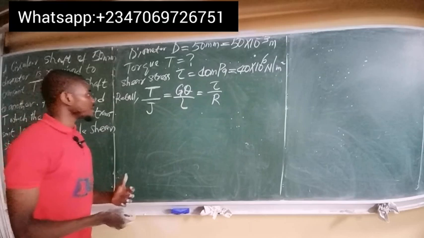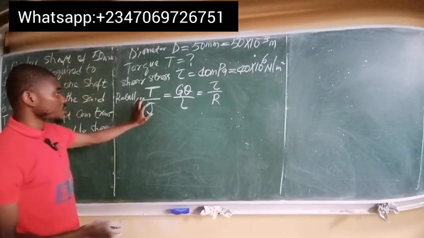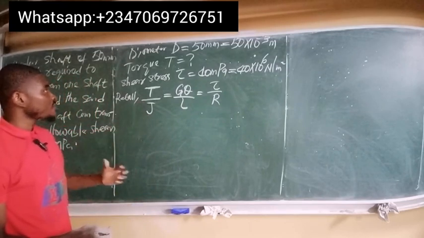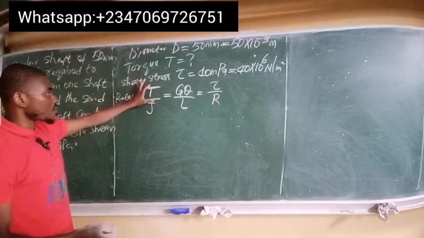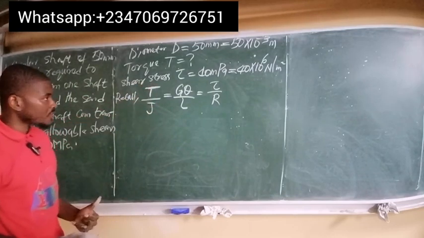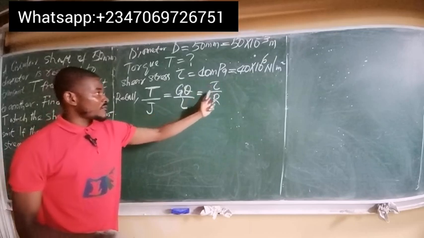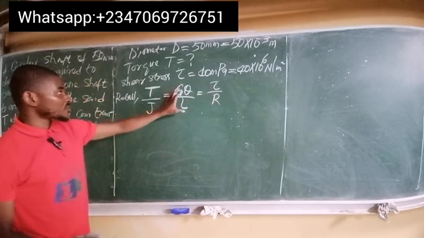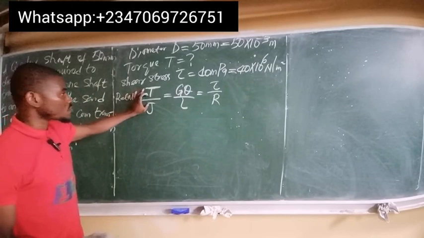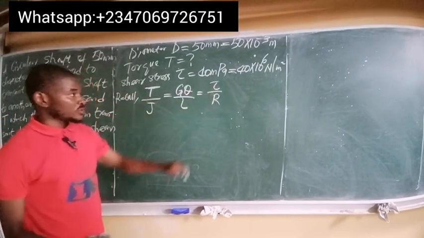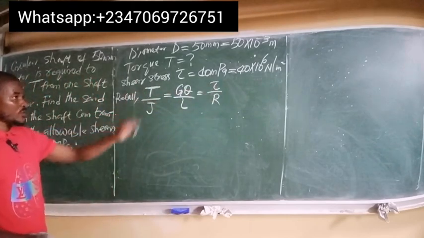We were given diameter, which means we can find the second polar moment of inertia, J. We were asked to find T, so we are going to make use of this part of the equation. We were also given the shear stress, and with the diameter we can find the radius. We don't know this other part, so we can only equate these two to be able to find the value of the torque.